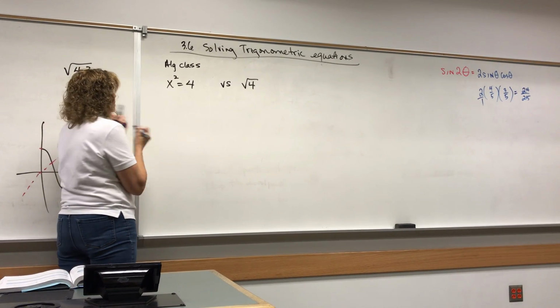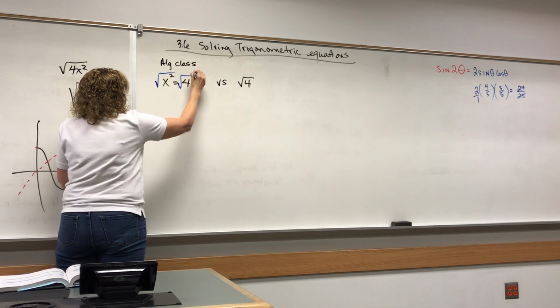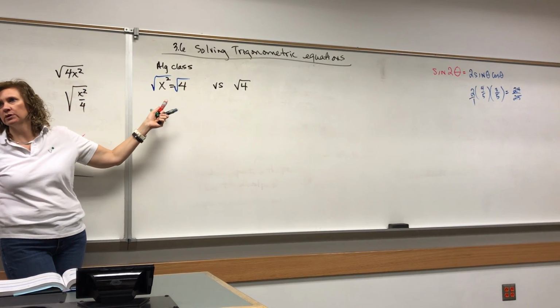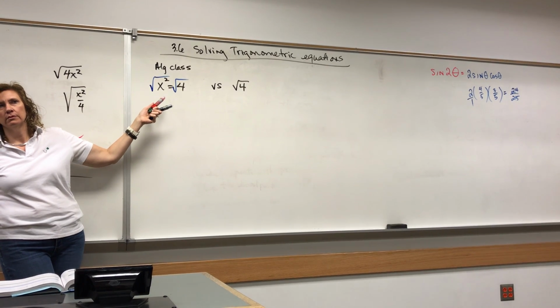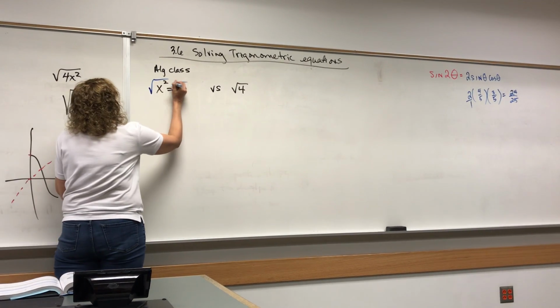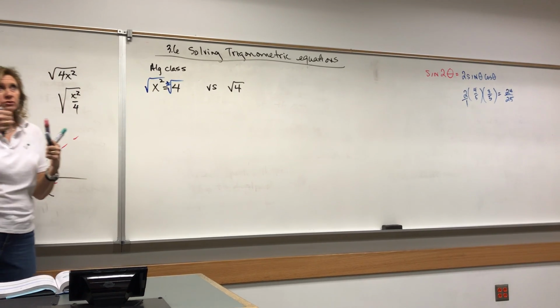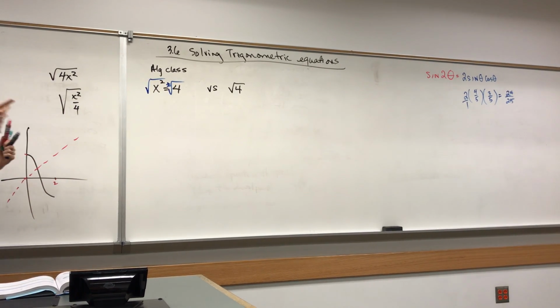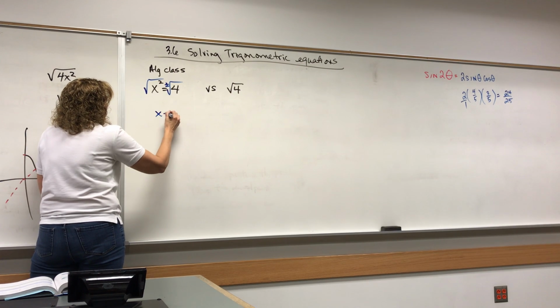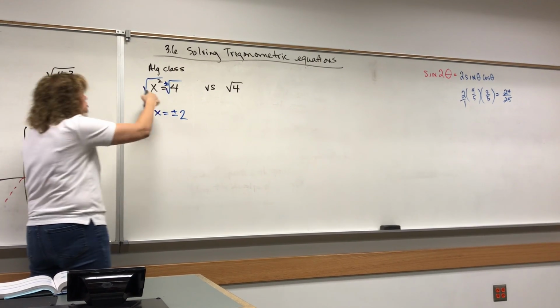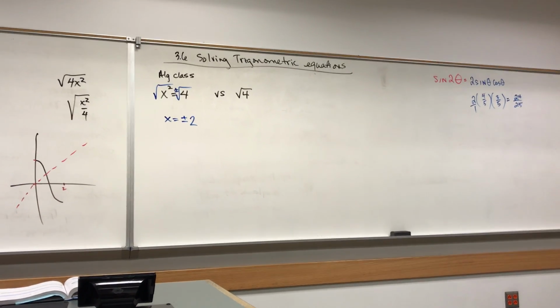And if you remember, probably your algebra teacher bashed it into your head, when you square root both sides of an equation, what do you do? Put a plus or minus. Because we know that squaring 2 you get 4, squaring negative 2 you get 4, so that we get all of the solutions to the equation, it's plus or minus.